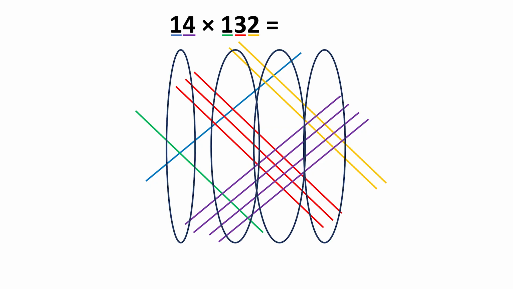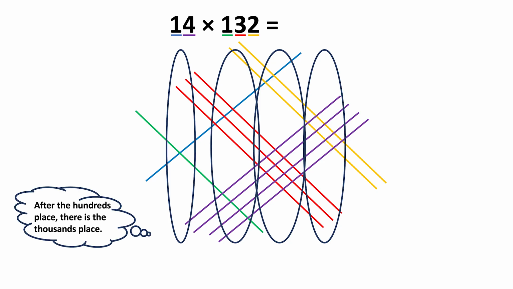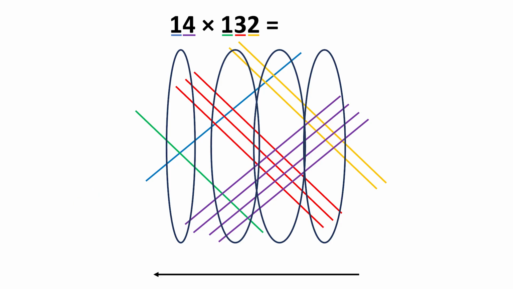Now, let's group the intersections vertically with ovals, and notice we have 4 groups this time. Remember, after the hundreds place, there is the thousands place, so going from right to left, the groups of intersections will represent the ones place, tens place, hundreds place, and thousands place.